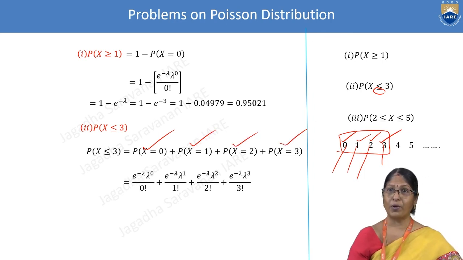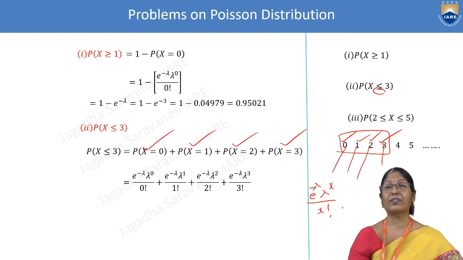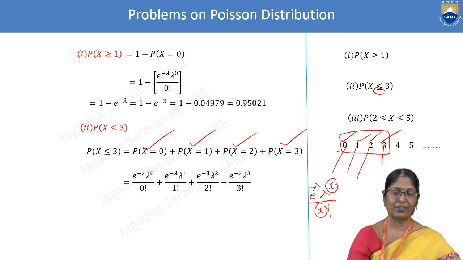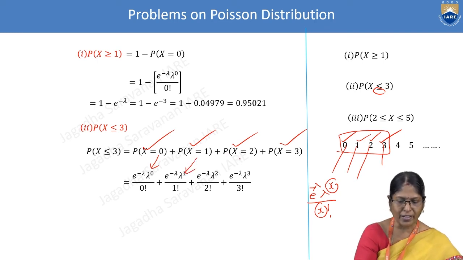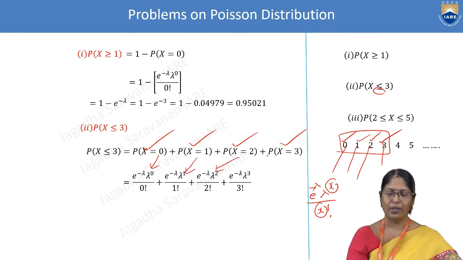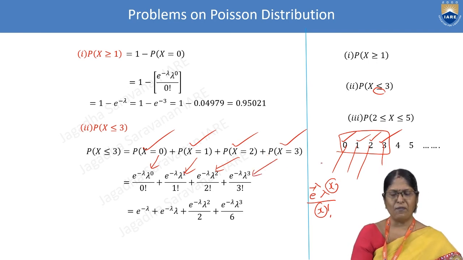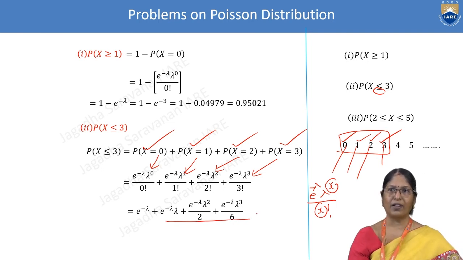The Poisson formula: e power minus lambda, lambda power x by x factorial. In the place of x, we put 0 for this, 1 here, 2 here, and 3 here. The second, third and fourth terms are written out.